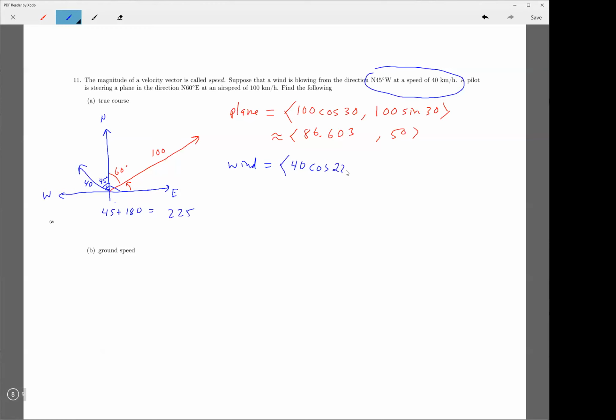So that's going to be 40 cosine of 225 and 40 sine of 225.